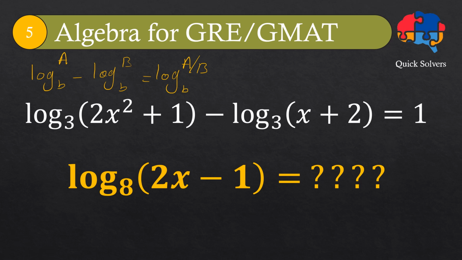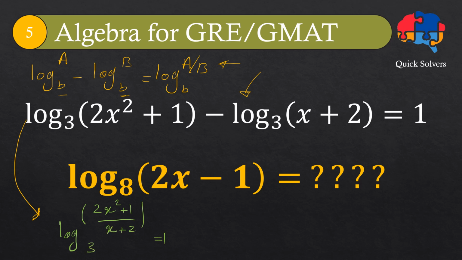So if we have the same bases here and here, we can simplify the expression. That means I can rewrite this as log of 2x squared plus 1 over x plus 2 to the base 3 equals 1.